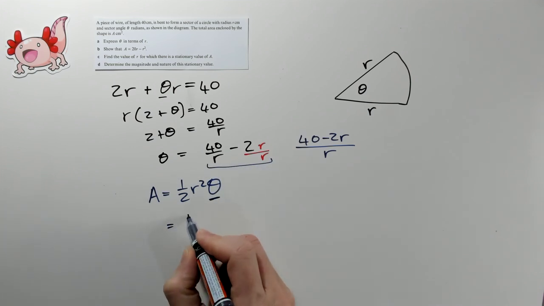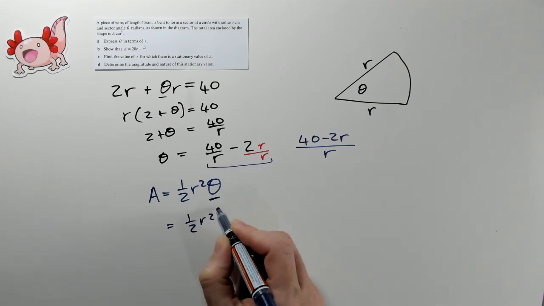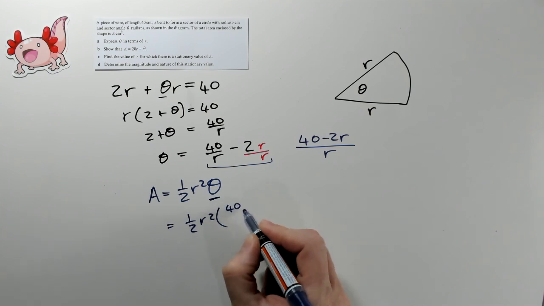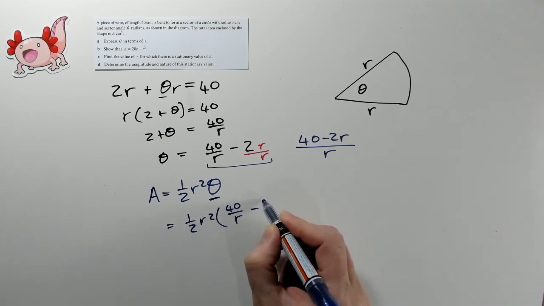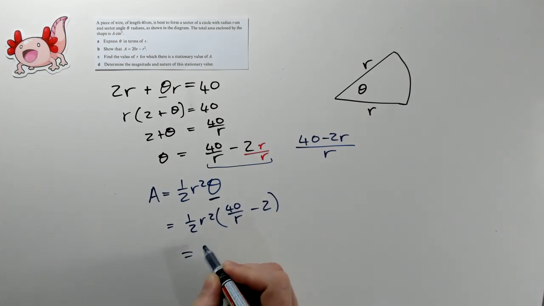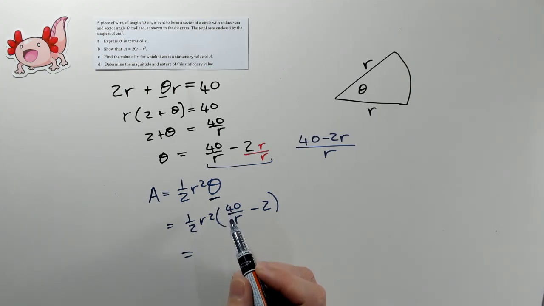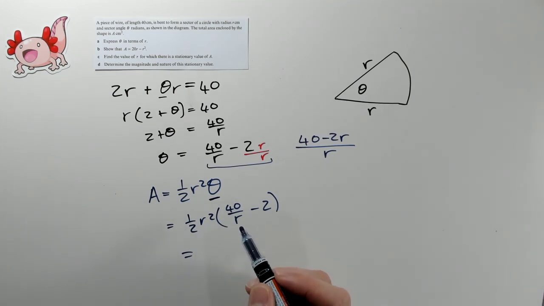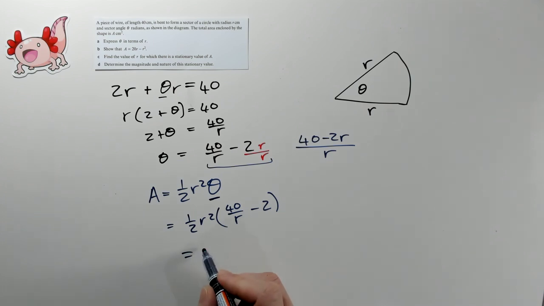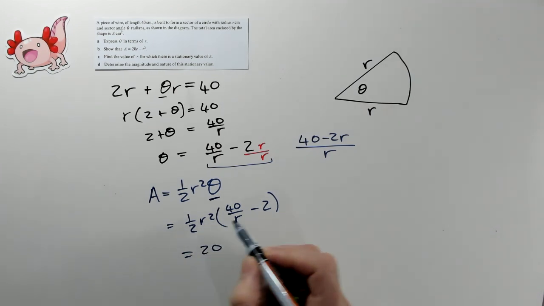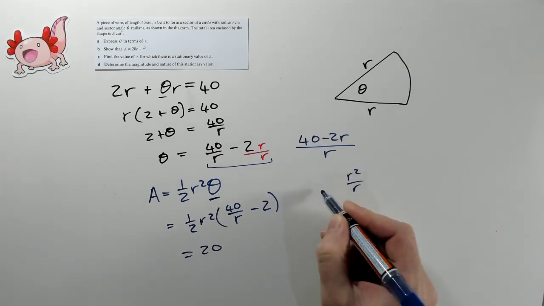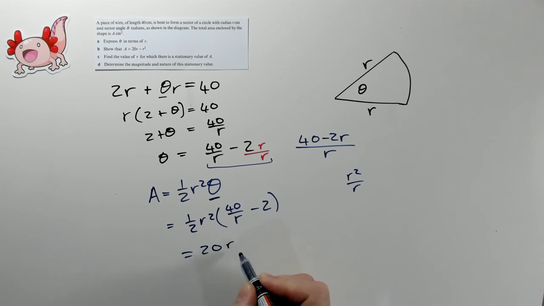I'm just going to substitute this in, r squared, and that's going to be 40 over r minus 2. And just distribute this. So a half times 40 is going to be 20, and that is basically an r squared over an r, so it's just going to be r.